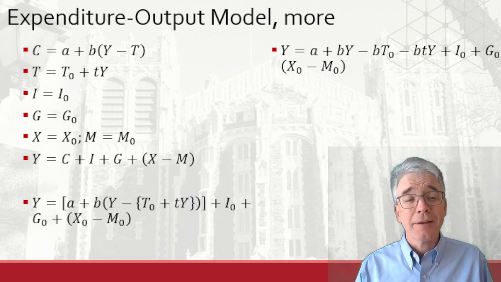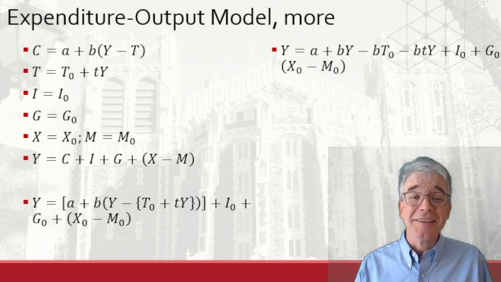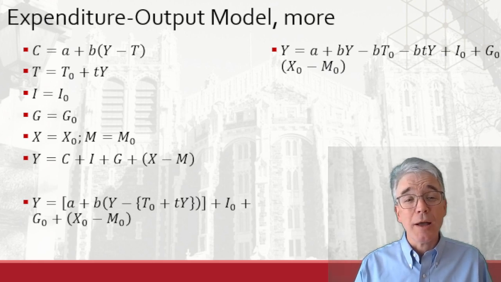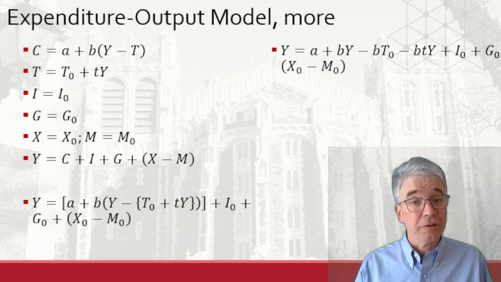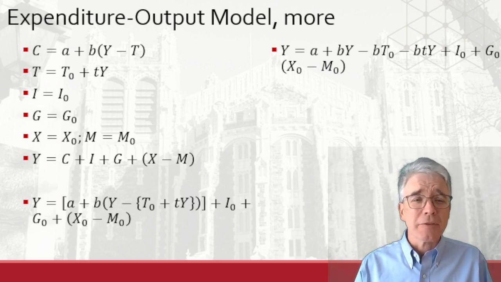Substitute in. Aggregate expenditure is C plus I plus G plus X minus M. Substitute in each one of those. C is A plus B times Y minus T. T itself is T naught plus little t y. So that gives us a fierce set of brackets. Then I naught plus G naught plus X naught minus M naught, distribute those through.